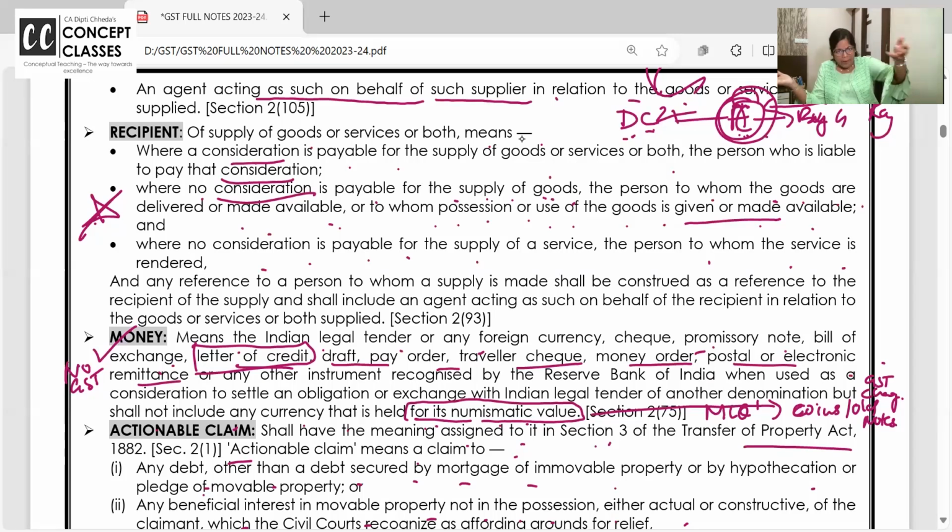Recipient is a person who pays the value of goods and services, or who receives the goods, or who receives the services. You are clear on three things. Recipient is a person who pays the consideration, and where there is no consideration, the one who receives the supply of goods, or where there is no consideration, the supply of service. That's it.